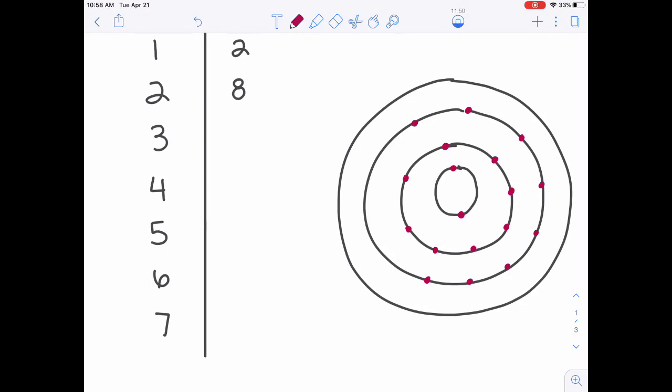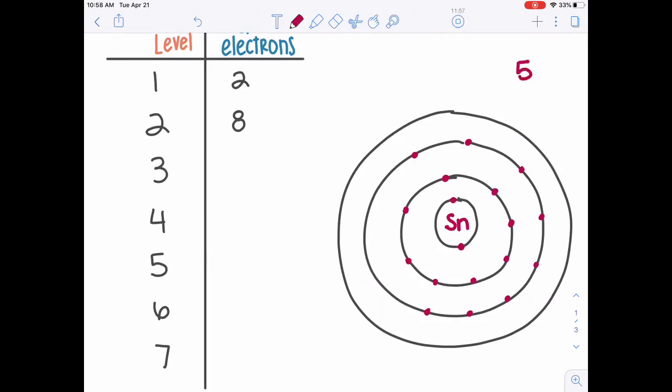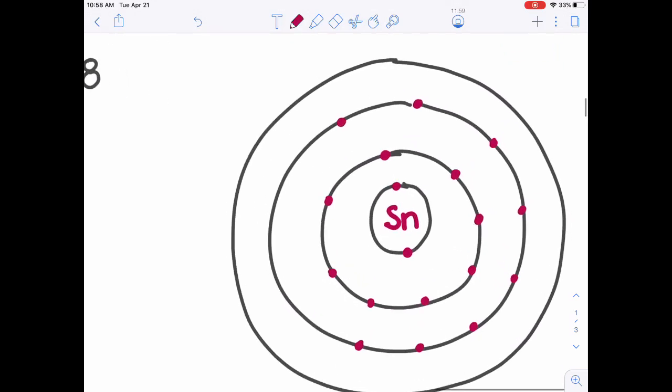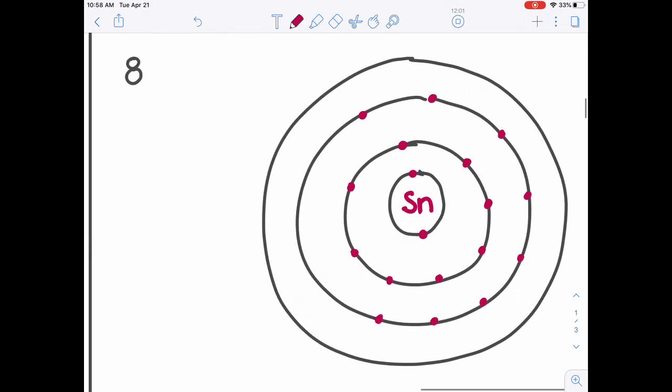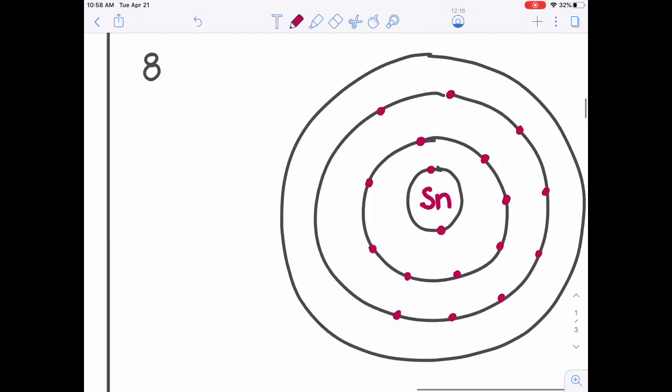Let's go really big. Let's do tin, which is Sn. Tin has 50 electrons. So we have 18 to start with. We're in the third energy level, and the third energy level can hold a maximum number of electrons, and its maximum number of electrons is 18.